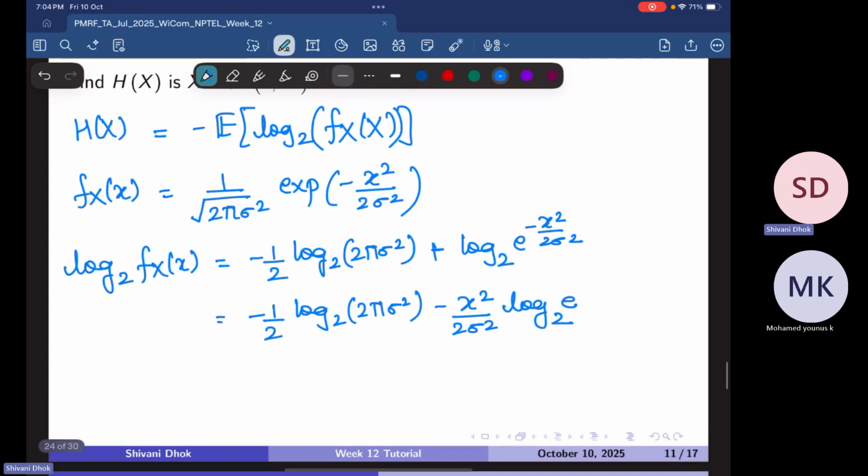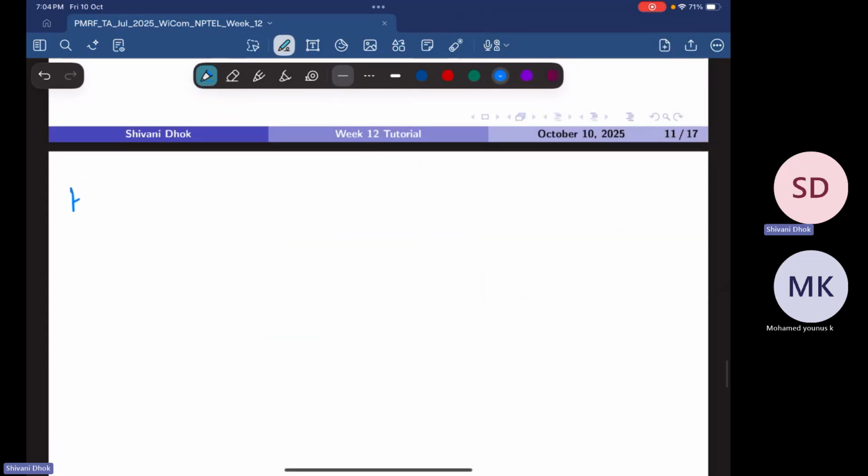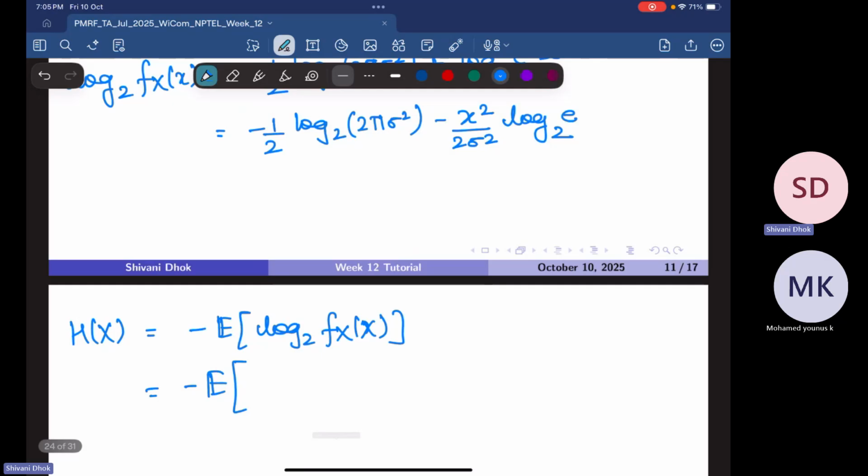So now if I substitute this in the equation of my entropy, h of x is equal to minus of expectation of log of fx of x. This log of fx of x is minus of half of log to the base 2 of 2 pi sigma square minus x square by 2 sigma square log e to the base 2.